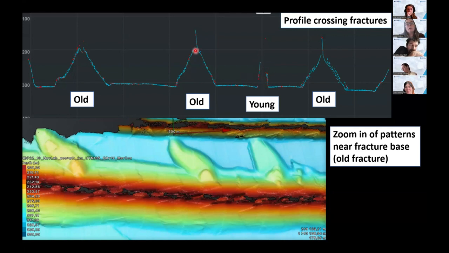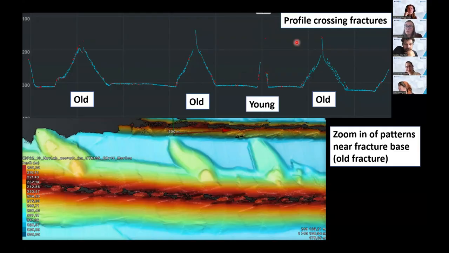The red dots are data points. So this one, we see it from the surface, so it extends through the surface, but there are no data points because the sound gets lost in the fracture. The red dot appears when there's an echo coming back, and here they just keep moving inside the fracture.